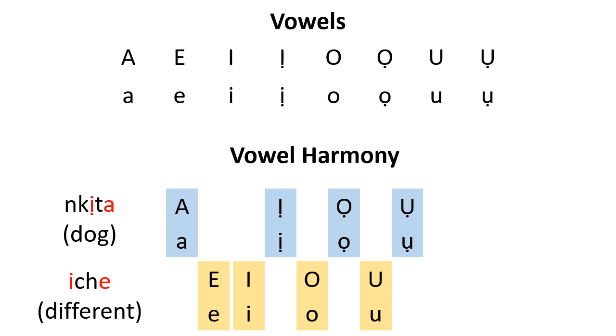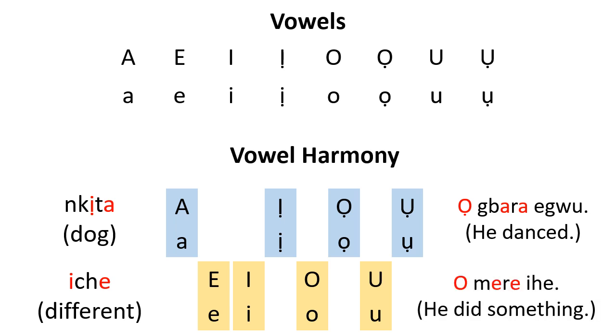So in a sentence with a verb that has a in that verb, we will choose the ọ version, like ọgbara egwu, he danced. And in a sentence with a verb that has e in that verb, we'll use the o version, like o mere ihe, he did something.